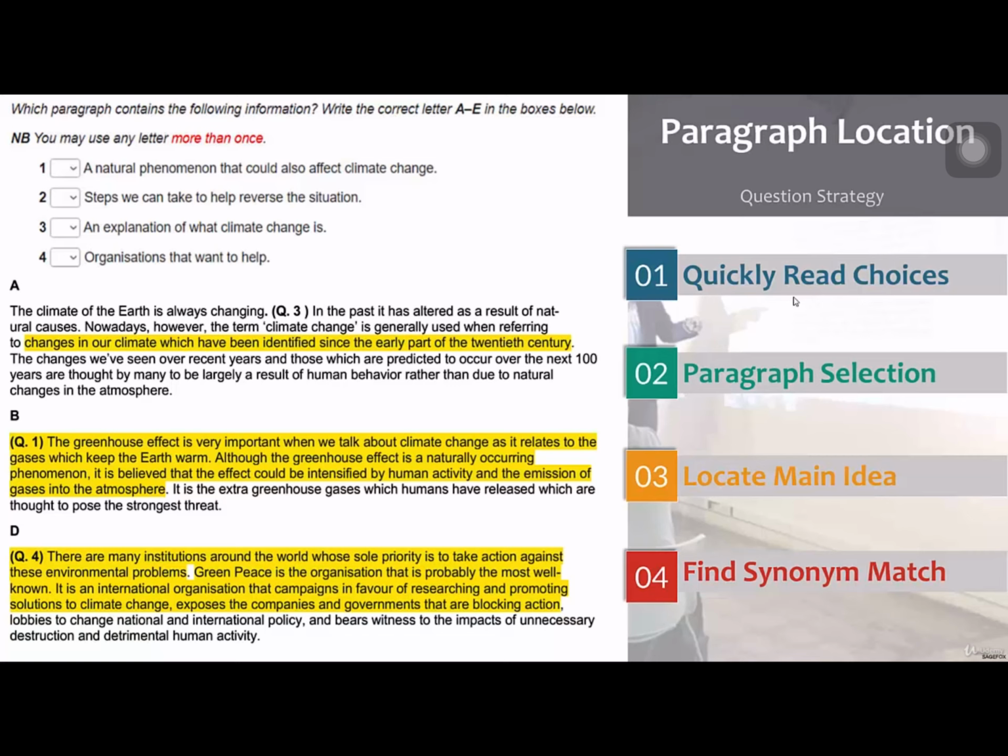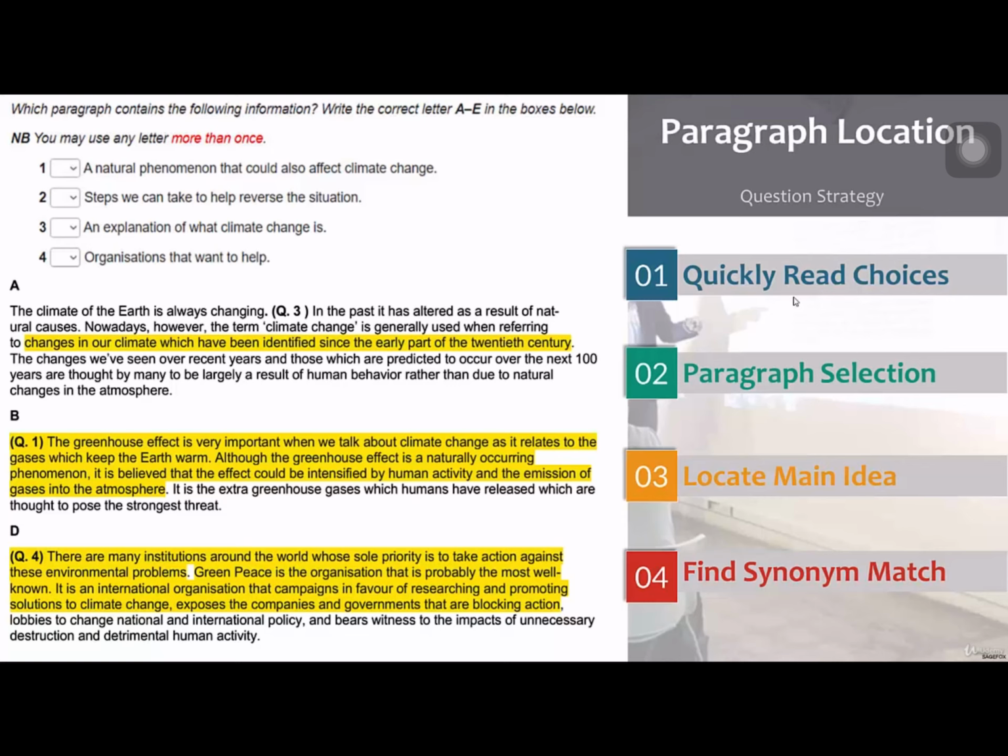Nowadays, however, the term climate change is generally used when referring to changes in our climate. Clearly, from the very first sentence, I know that this is really the match for number 3. So you can see how relevant it is to understand topic sentences.